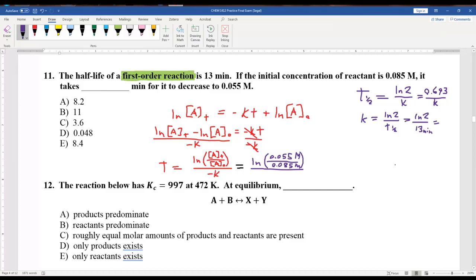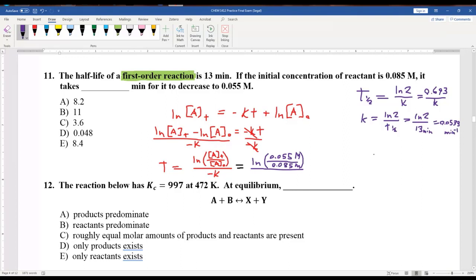And if I calculate that, it'll be 0.0533. And this will be minutes to the -1.